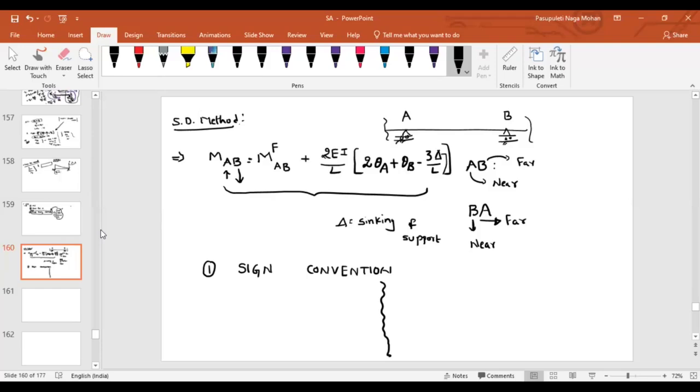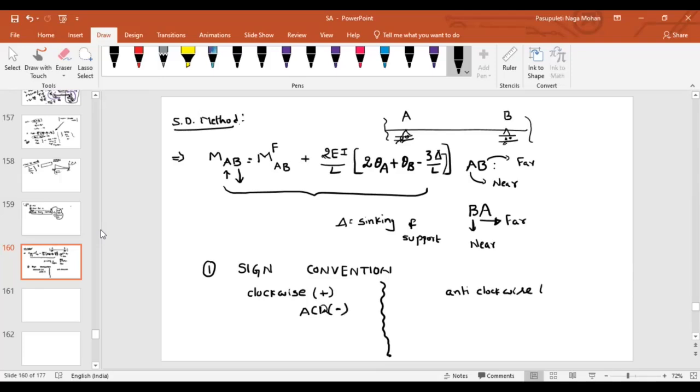As I told you previously also, the direction matters. Either you can consider the sign convention based on the clockwise, or you can consider it based on the anti-clockwise also. It doesn't matter which you consider, but if you are talking about sign convention along the clockwise direction, you have to stick to it. That means if my clockwise direction is positive, then obviously I have to consider my anti-clockwise movements or directions as negative.